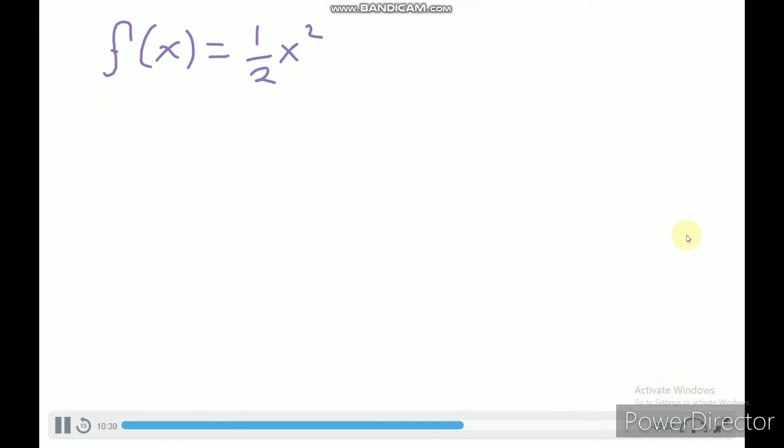Now let me give you the last example, but with a different domain. If I'm using the function f(x) equals half of x squared, let's exchange the f(x) into y to make it easier, since for a function of x it's easier to replace it with a variable.